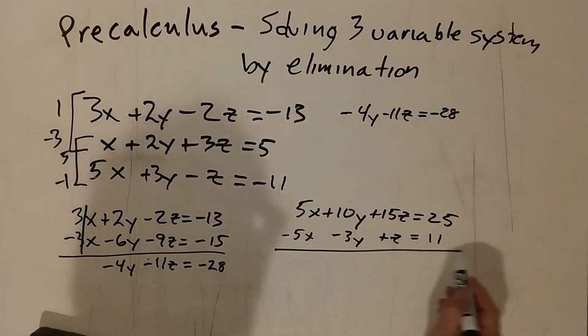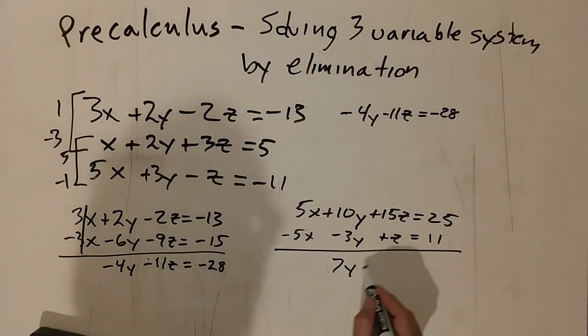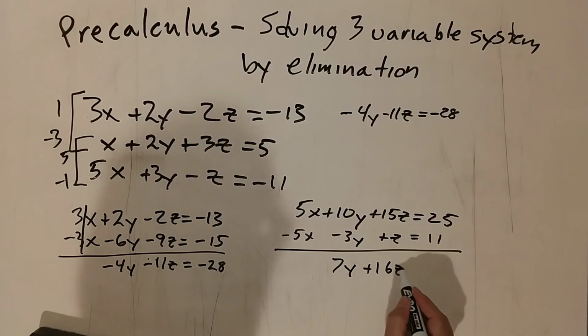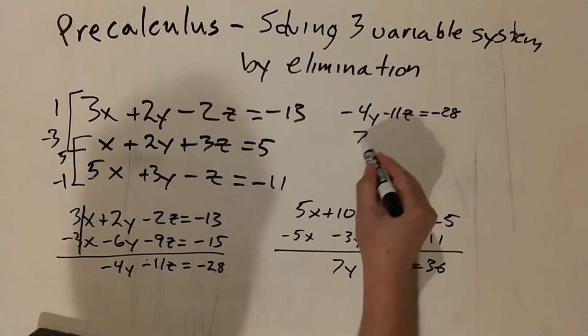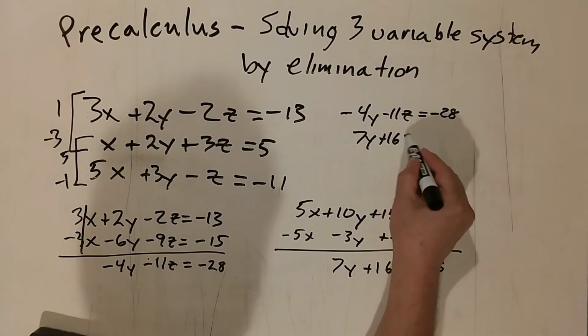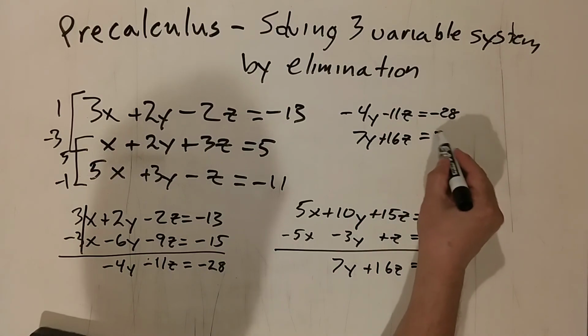Add these together, we get 7y plus 16z equals 36.